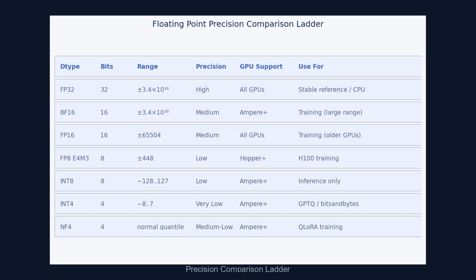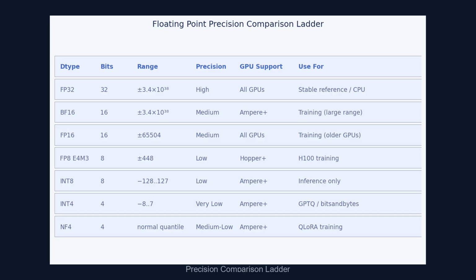BF16 requires Ampere or newer, not available on the P40. FP8 E4M3 is H100 specific. INT8 is widely available. INT4 and NF4 are software-implemented quantization formats available through bitsandbytes regardless of GPU generation. NF4 is specifically what QLoRA uses for its 4-bit quantization.